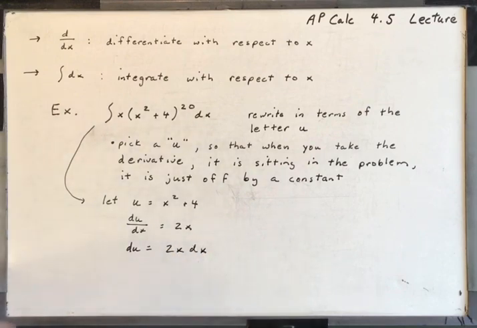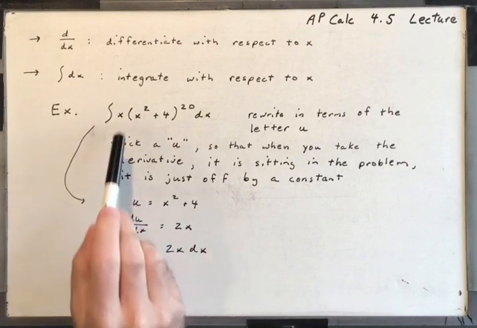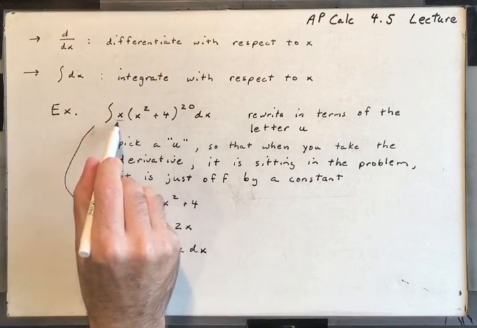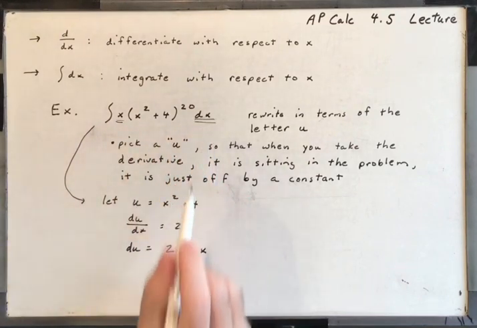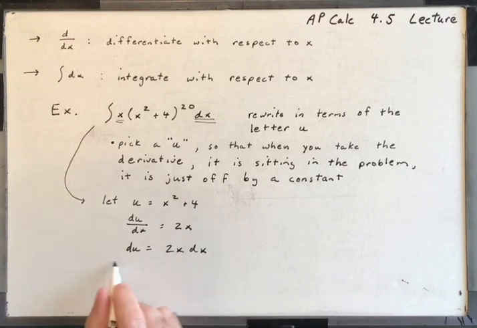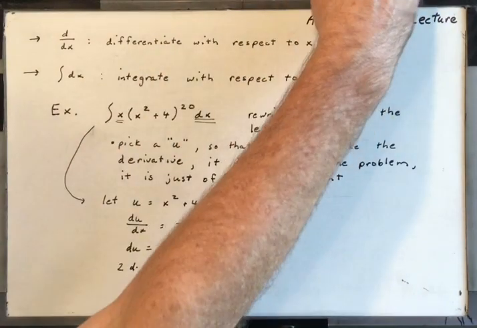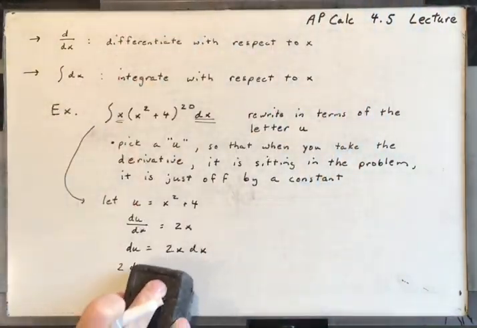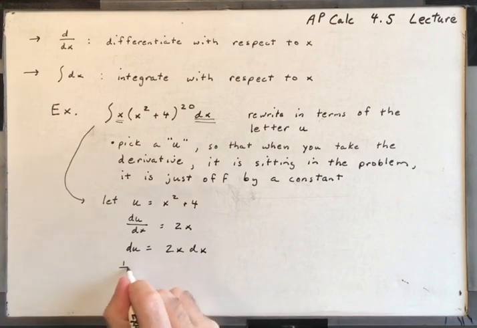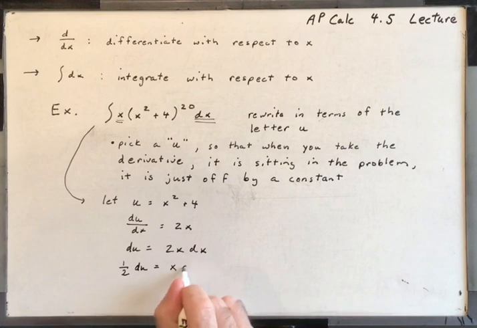Now see how du is basically sitting in the problem. There's a 2 out front. We'll fix that in a minute, but see how there's an x and a dx, x dx. So divide both sides by 2, and you'd have 1/2 du is equal to x dx.